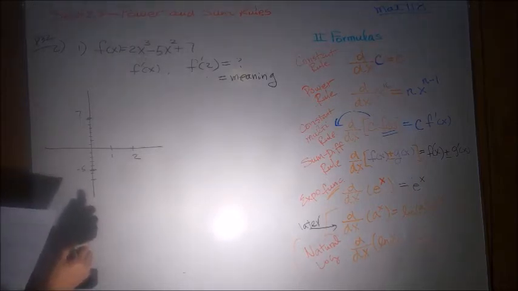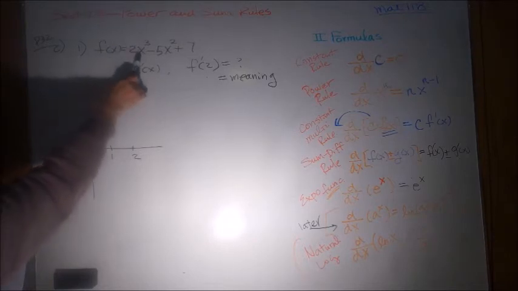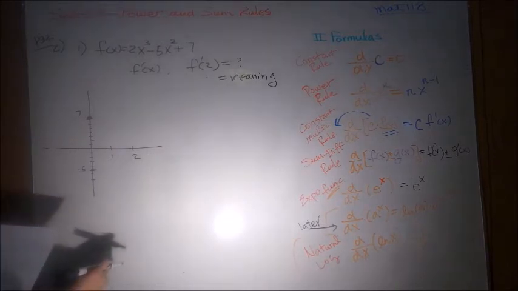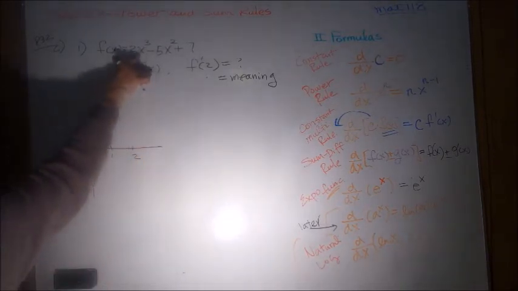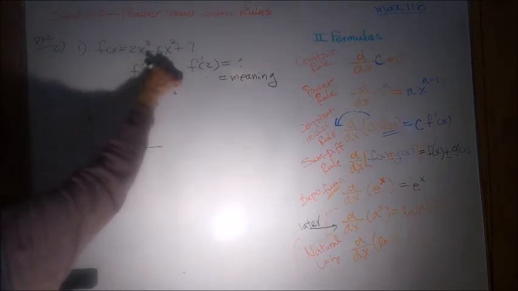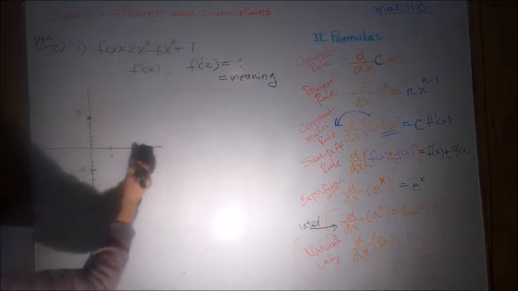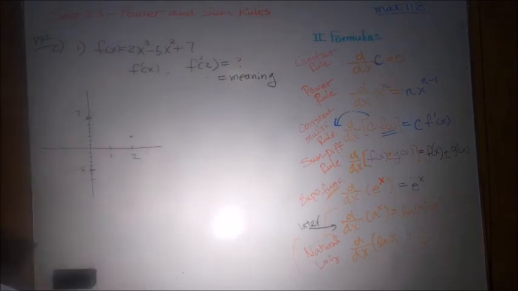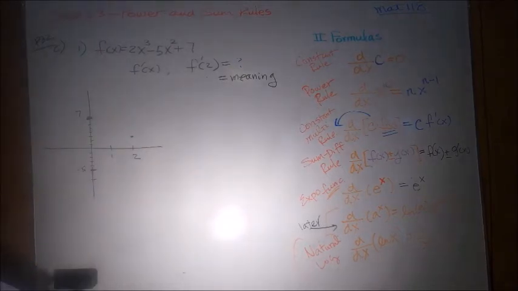So if I plug in x is 0, I will get a 7, right? If I plug in x is 2, that's 8, 16, 16 minus 20, -4 plus 7, so that will be 3, okay? If it's to the cube, that means it will wiggle, turning up to twice, okay?